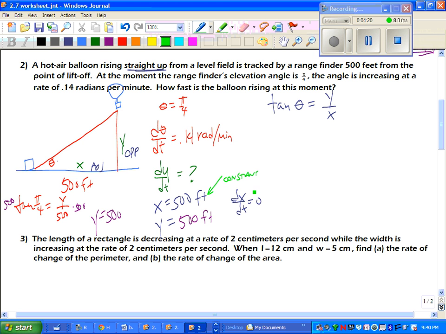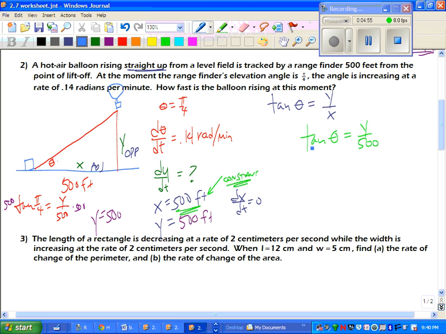Technically, we don't have to deal with quotient rule. We could, but we're going to make this a lot easier on ourselves. When we have a constant term, something that's not changing, we can substitute it in. So really, the equation that relates all of these is tangent of theta equals y over 500. We can plug that in because it's constant. So this is our equation.